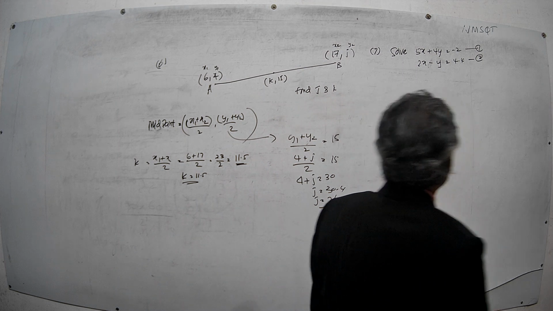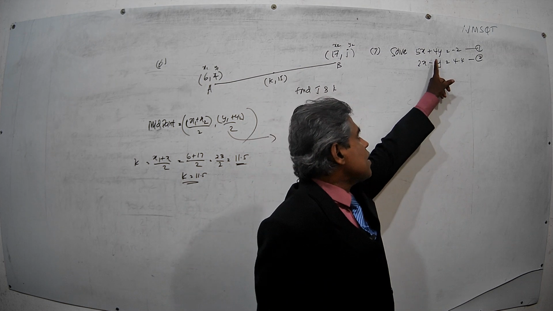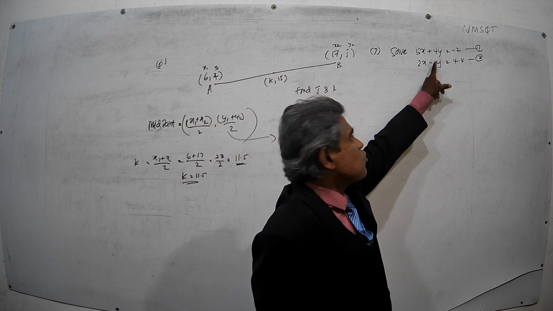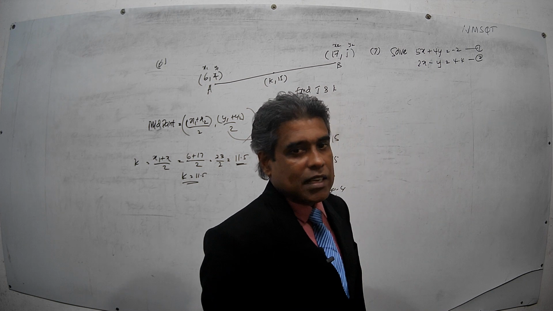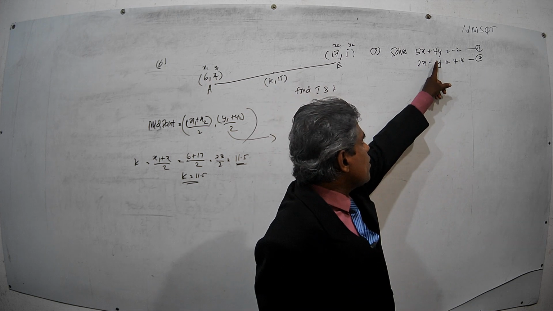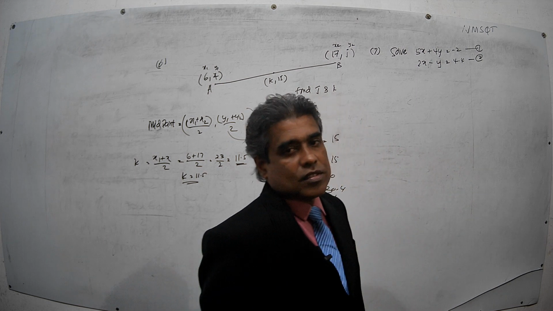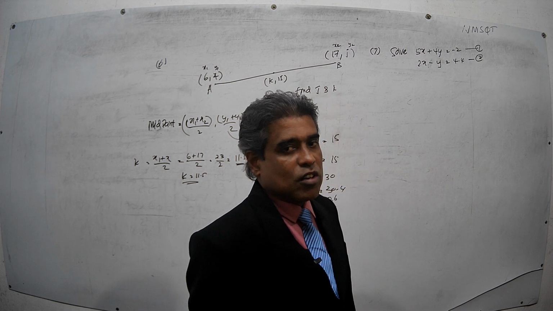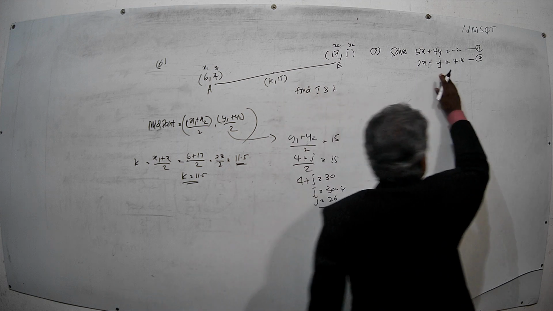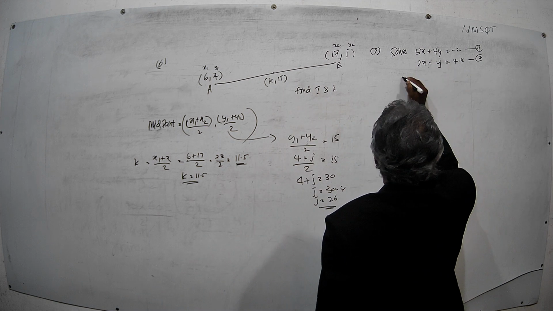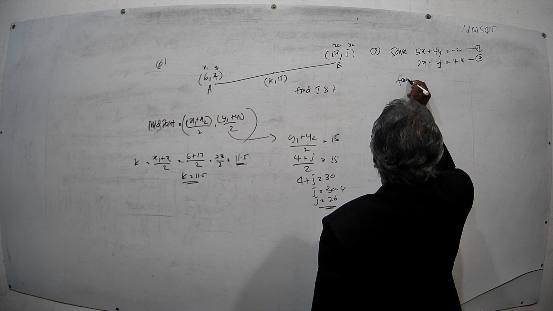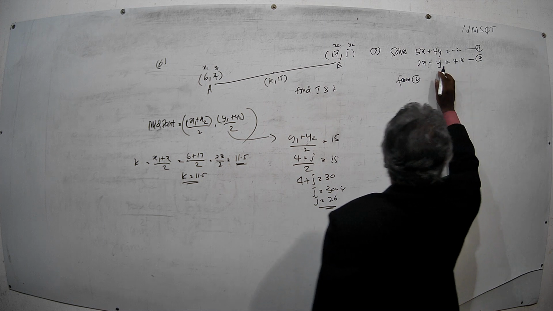Now here, when there is a variable term in the equations of which the coefficient is -1 or +1, then we can easily apply the substitution method. Take equation 2 and make y the subject.